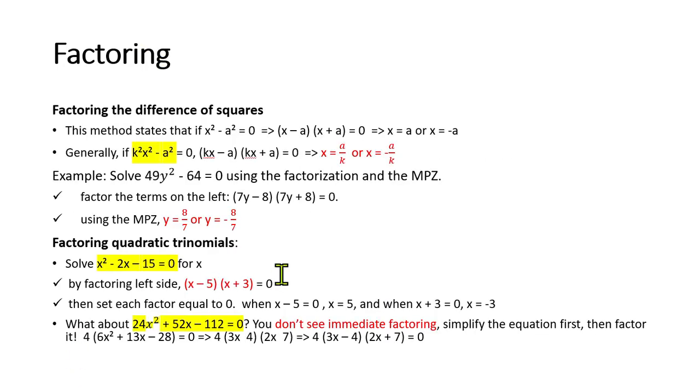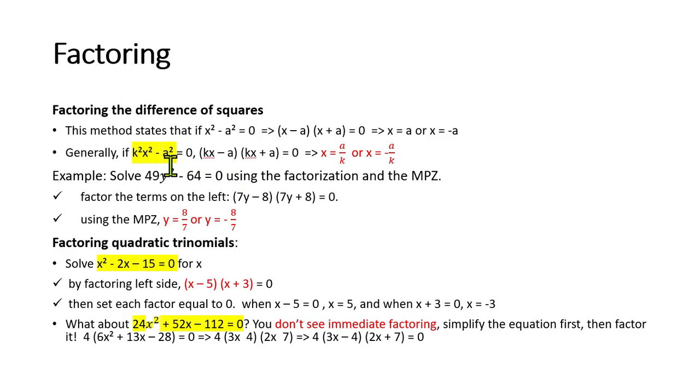Continue on factoring. If x squared minus a squared equals 0, then you can factor it, right? (x minus a)(x plus a). And here, k squared x squared minus a squared. Again, you can factor it like this, (kx minus a)(kx plus a). The first term, k squared x squared, is the square of kx.